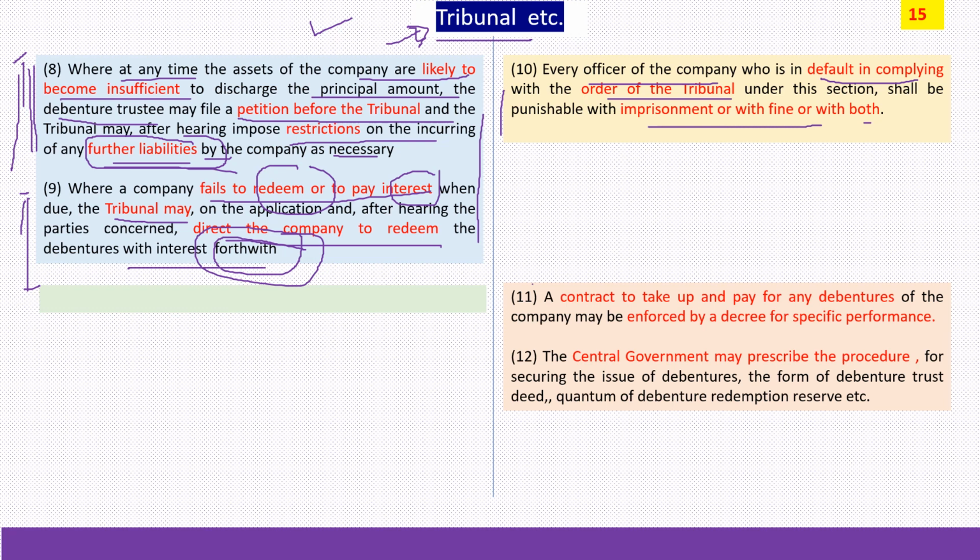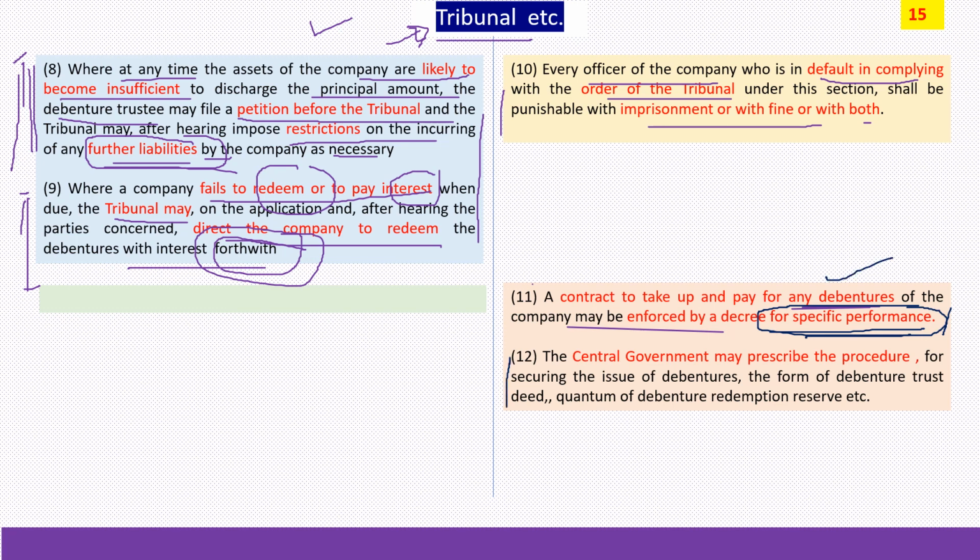Any contract to take up debentures by the debenture holders is a contract which can be enforced by the company as a matter of specific performance. If someone has agreed to buy 100 debentures, he has got to buy them. There is no option of going away from it. We can get an order from the court on the specific performance of that.